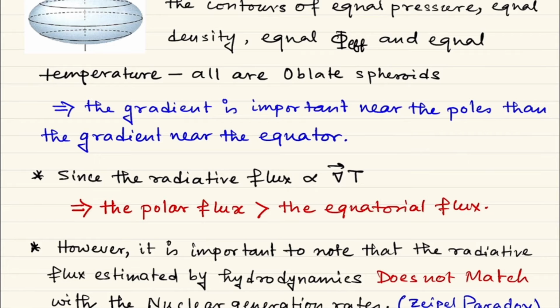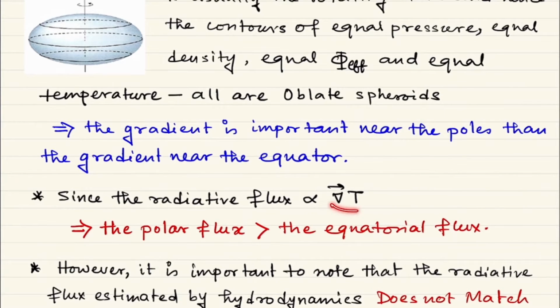From our radiation physics, one can easily say that radiative flux increases when the gradient of T increases. It is not always proportional to the gradient of T, but it does increase with it.